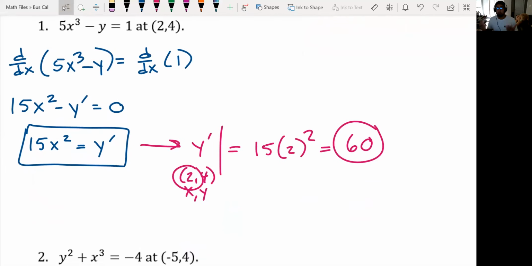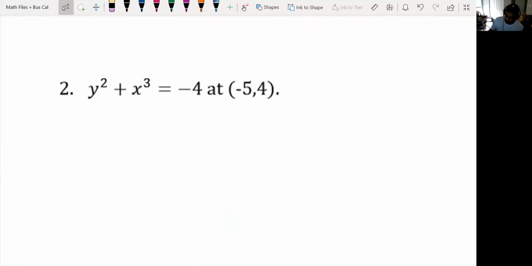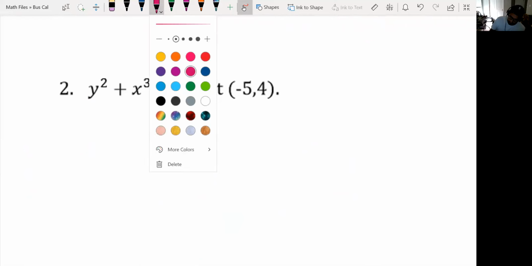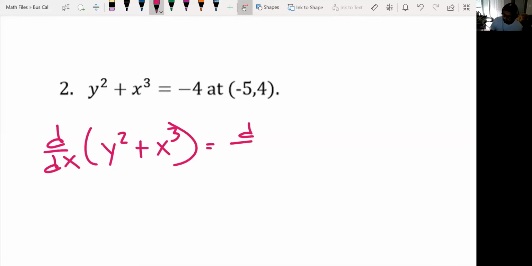All right, so once again, take the implicit derivative with respect to x on both sides, solve for y prime, and plug in the numbers you're given. That's it. Two, same exact thing. We'll say d over dx of y squared plus x cubed equal to d over dx of -4.